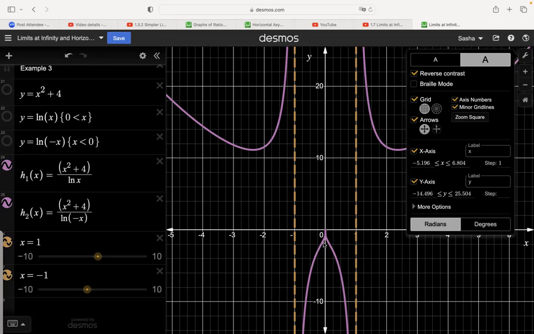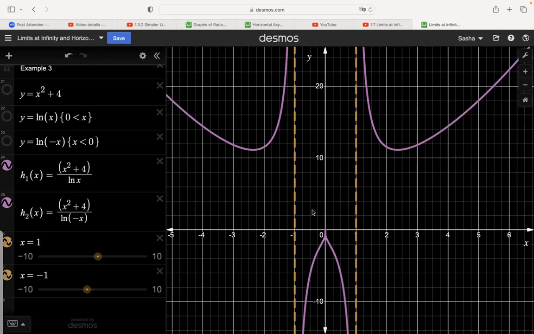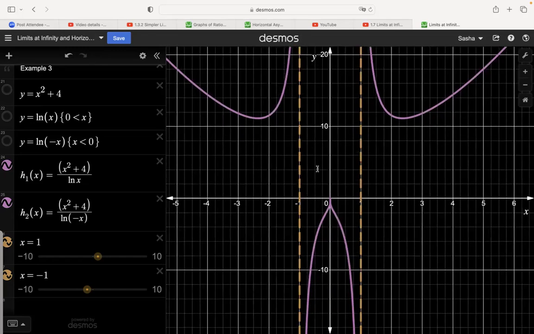Desmos does that automatically. We can adjust it if we want to, if we're interested in particular features of the graph. But in this case, if the dimensions aren't the same in the x and y direction, we're just not seeing any particular function that this quotient is approaching as x goes to positive or negative infinity.